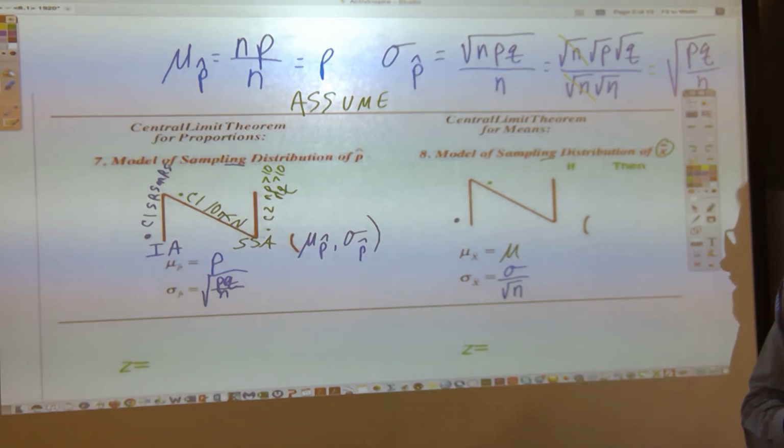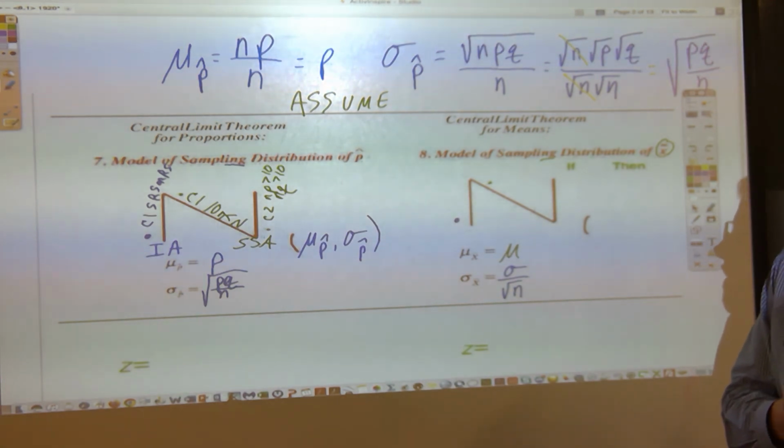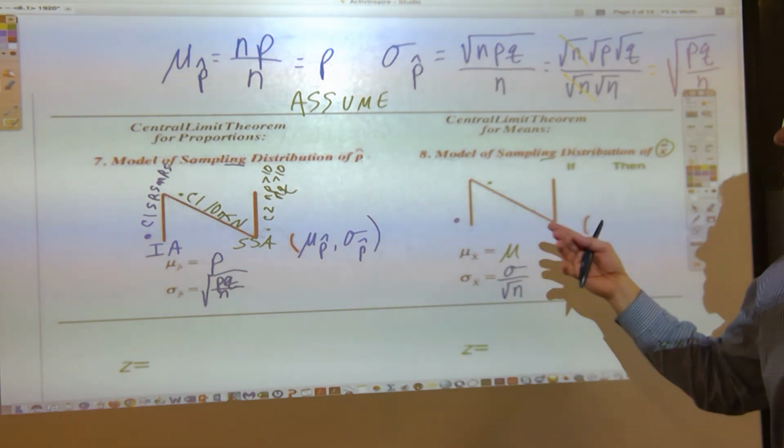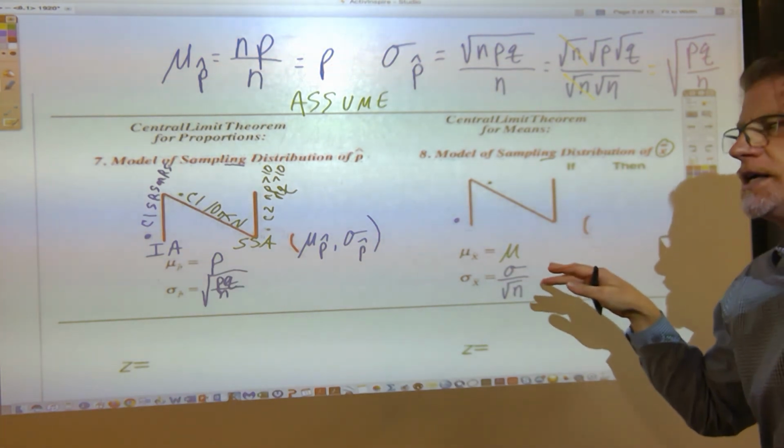That is actually the most surprising part of this, because it doesn't matter what the shape of the underlying distribution is.